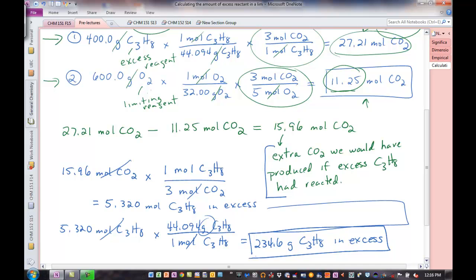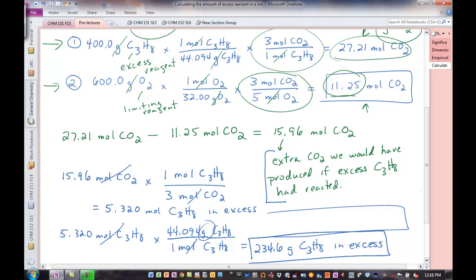So the question was, how many grams of excess reactant remains after complete reaction? There you go. Now, the last thing I would think about after you finish this problem, and you should do this on as many problems as you can, is at least ask yourself, does my answer make sense? Let's go way back to the top of the page and look at what we started with. We started with 400 grams of propane. Some of that reacted, so certainly we should have less left over than what we started with, which is what we have, 234.6.